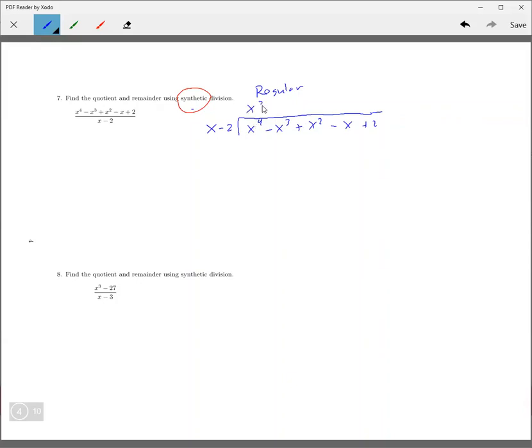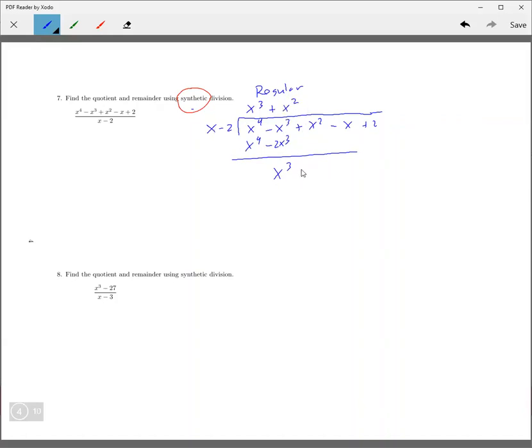Okay, so this is going to be x cubed here. Multiply those out: x to the fourth minus 2x cubed. Subtract, and that's going to be 0 there, and that's going to be x cubed. Okay, so next you just need an x squared. That's the next one.